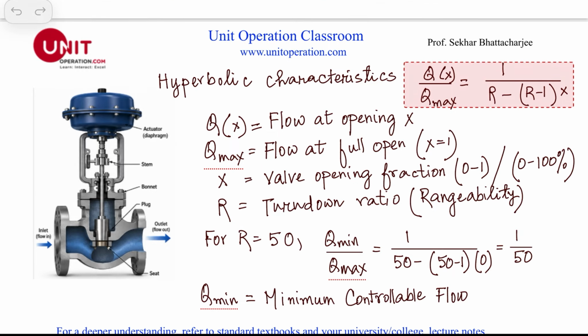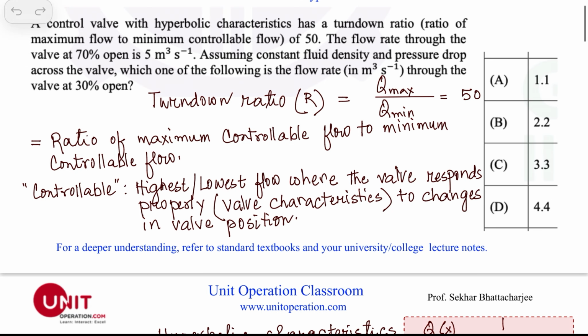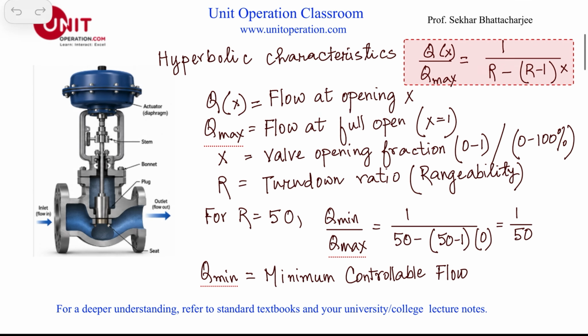Of course, 0 means the valve is almost closed, but it's not fully closed. It's really called the minimum controllable flow. And when X is equal to 1, it's called the maximum controllable flow. So what it really means is that it's not fully closed, meaning not totally shut off, or fully open, meaning 100% open.